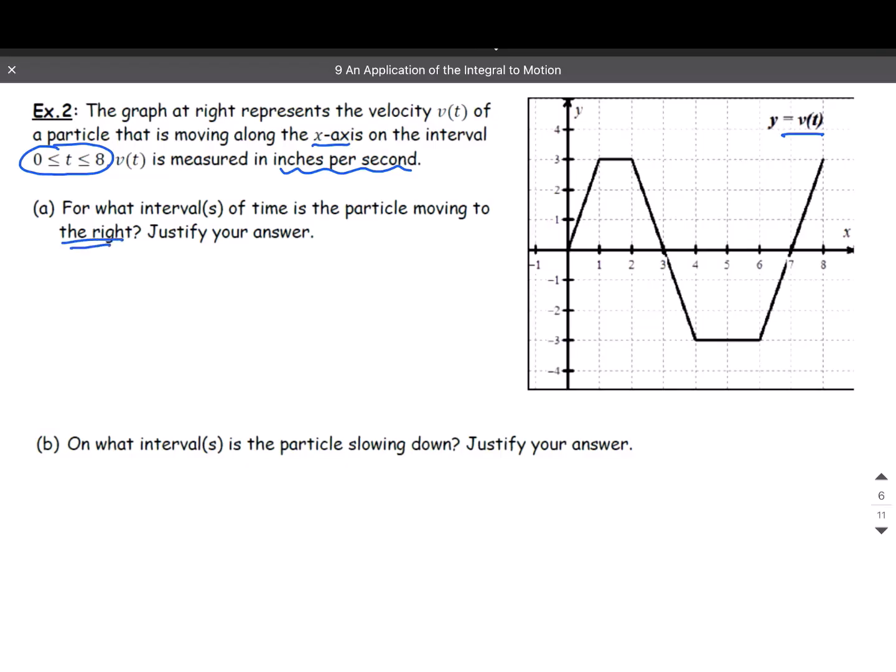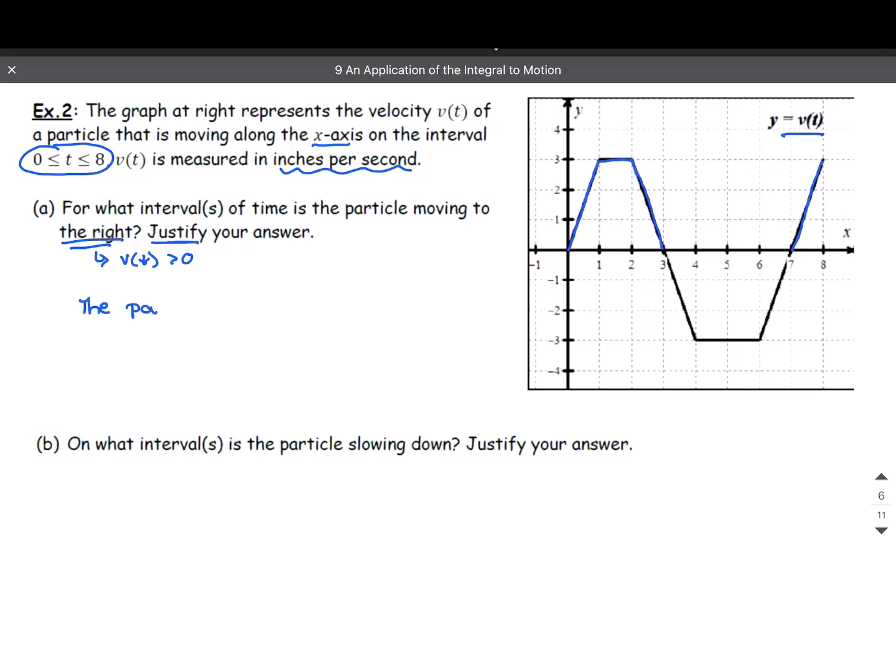If the particle is moving to the right, the velocity has to be greater than 0. So where is that happening? Anytime the velocity is above the x-axis. Okay, so that means the particle, and notice it says justify, so we have to be careful here.